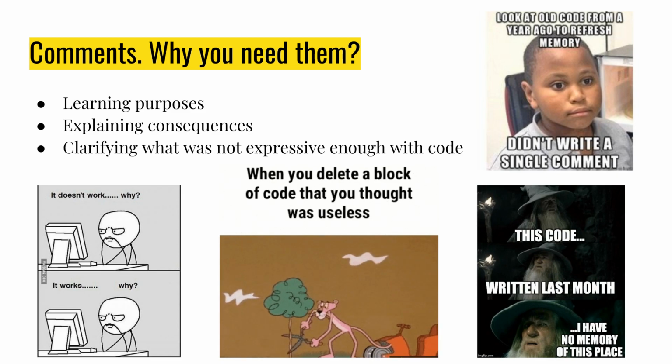So you shouldn't leave places that you know are not obvious, that you know you couldn't do better, that you know someone will try to do better, that you know someone will think like, what is this? Comment those places, always, unless you think of a better way of doing it, which would not need a comment in the first place, which would be obvious. Comment those.